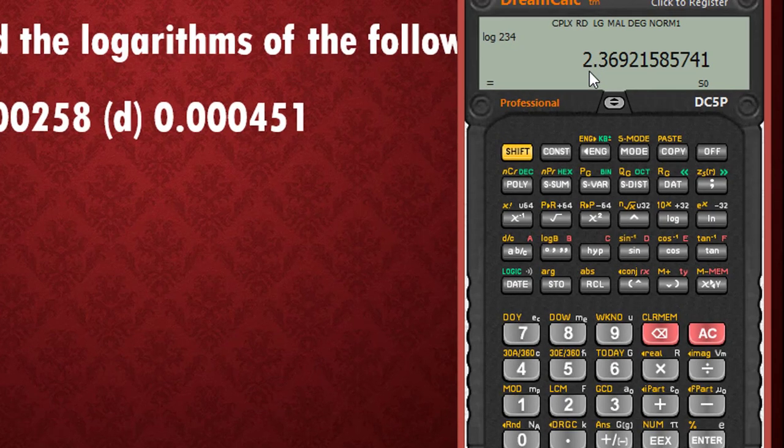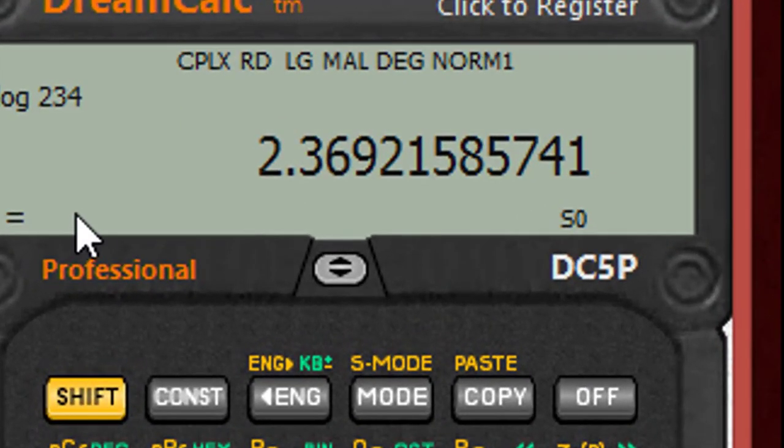This is what I want to tell you here. Since we are making use of a workaround, we are going to neglect the characteristic. We're not going to make use of it. The only thing we want is the 4 digits that appear after the decimal, and that is 3, 6, 9, 2.